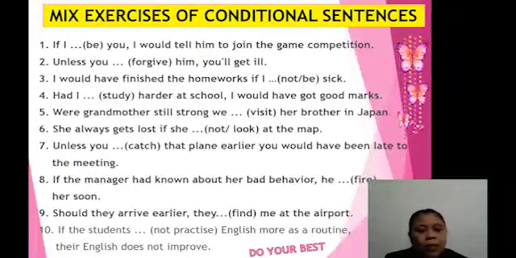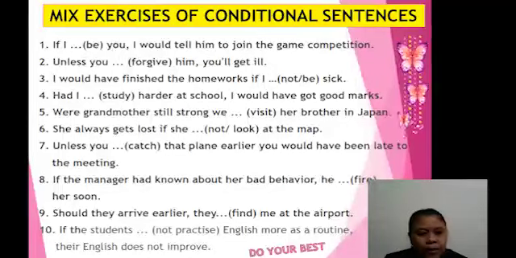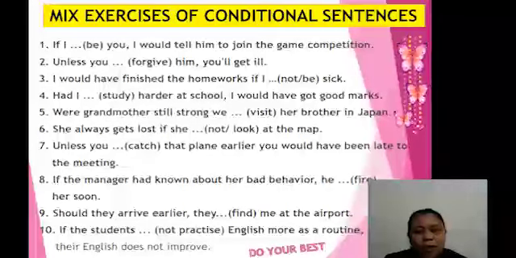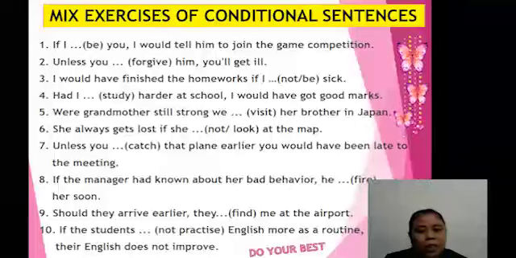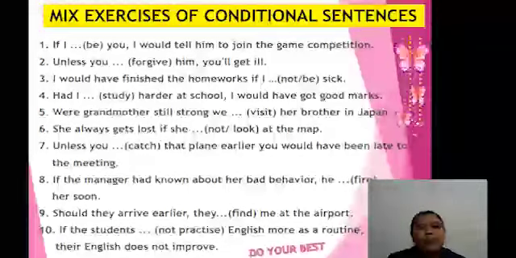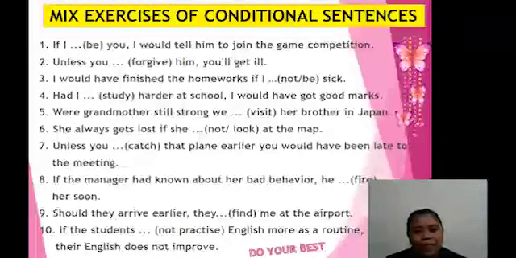Number 9. Should they arrive earlier, they find me at the airport. Number 10. If the students not practice English more as a routine, their English does not improve. Well, students, these are the mixed exercise of conditional sentences.